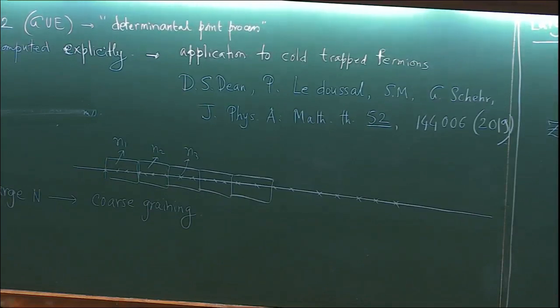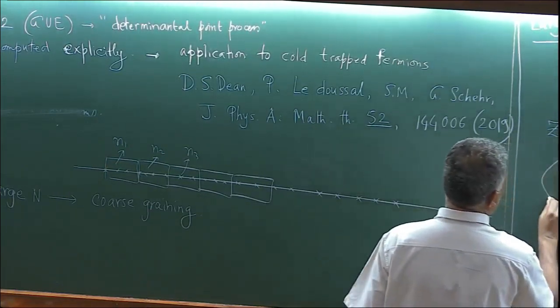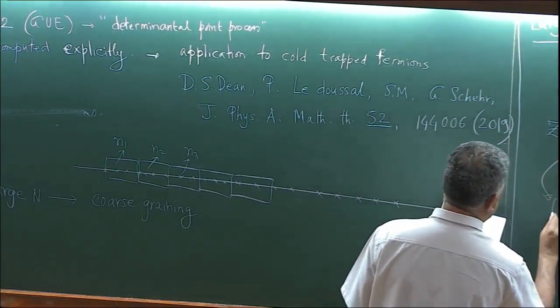What that means, therefore, is that I can do this integral here, which is an n-fold multiple integral, in two steps. I'll first write it down, and then you'll see immediately.